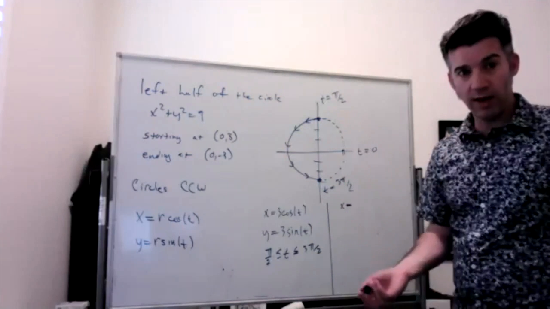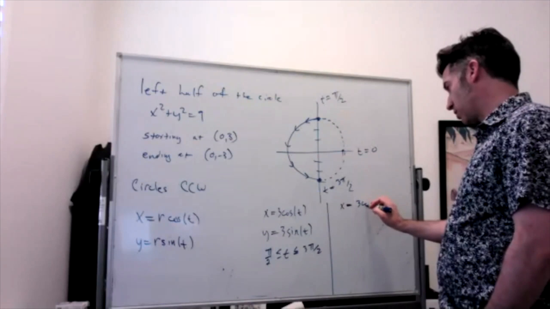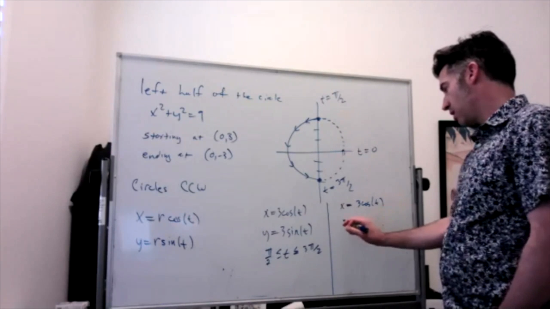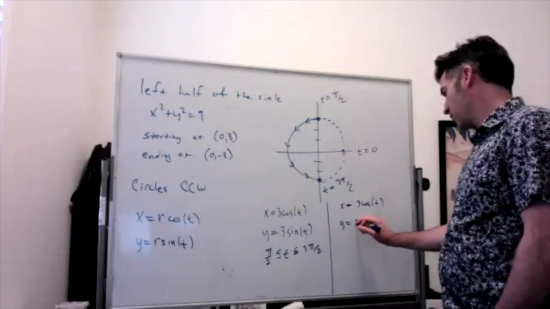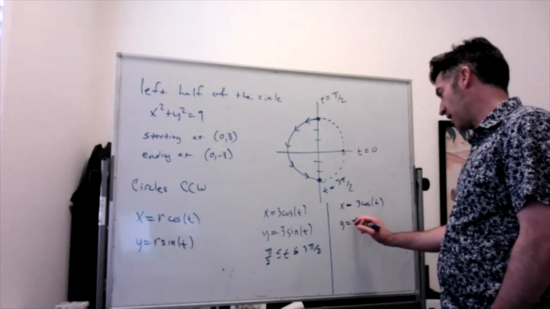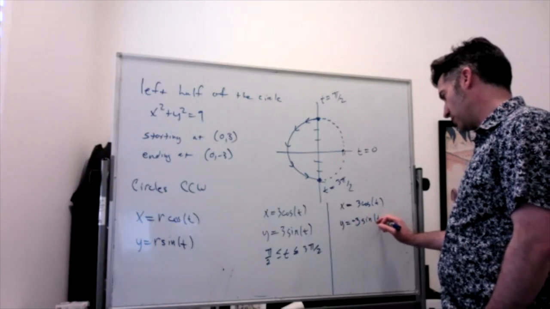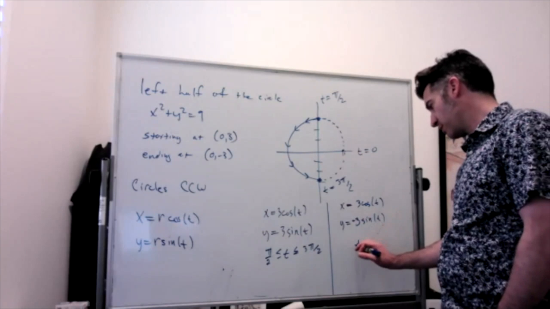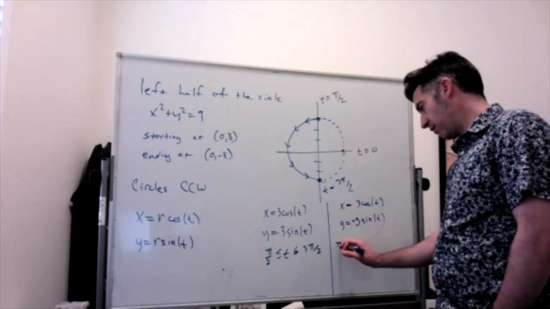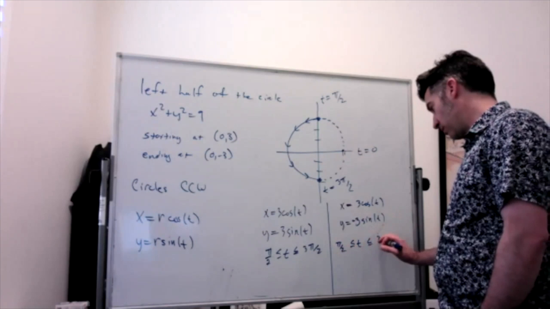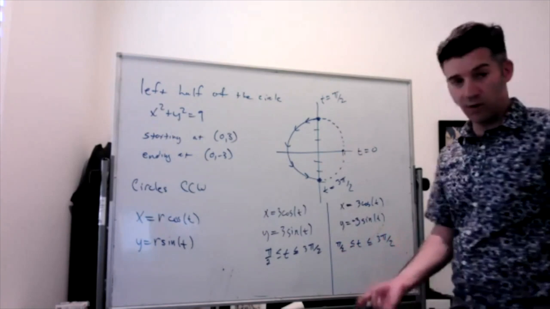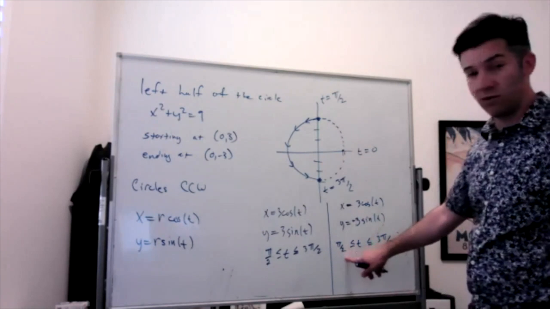One way, we could say x equals 3 cosine of t, and y equals negative 3 sine of t, going from pi over 2 to 3 pi over 2. That would totally work because sine of pi over 2 is 1.